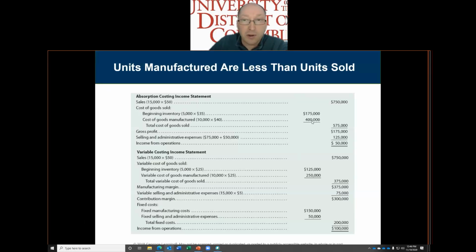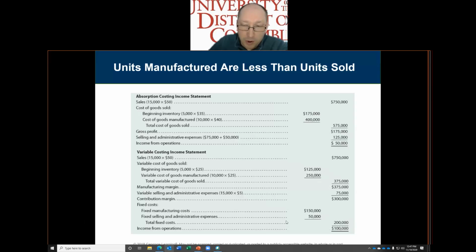And of course, here's how it looks from an income statement perspective under both absorption and variable. We can see the primary difference here in our income from operations: under absorption it is 50,000 but under variable, it's 100,000. So the difference came from the allocation of variable cost. Under absorption, we absorb it in the manufacturing process. Under variable, it's broken out.